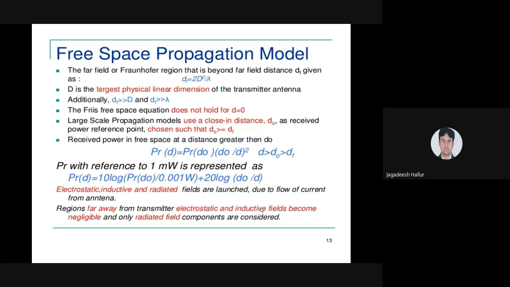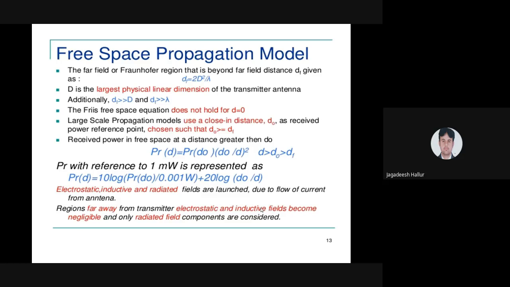Similarly, if you want to calculate for longer distance communication, there is a term called the Fraunhofer region. The Fraunhofer region has to be calculated with respect to the distance between the transmitter and the receiver.